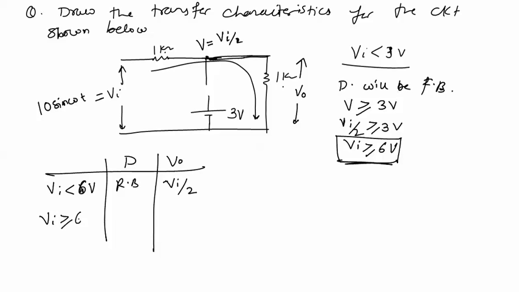For Vi greater than or equal to 6 volt, this diode will be forward biased and will be replaced with a short circuit. Between these two terminals there is a battery connected which is equal to 3 volt. So V naught equals 3 volts.